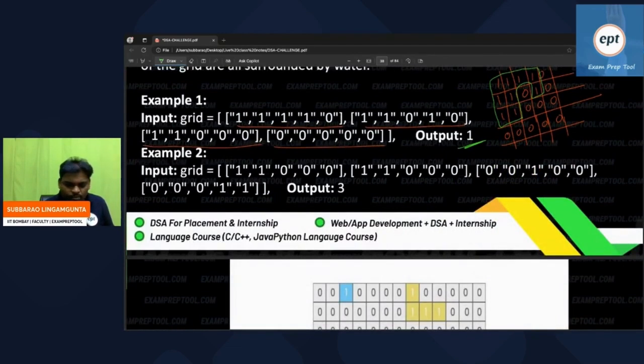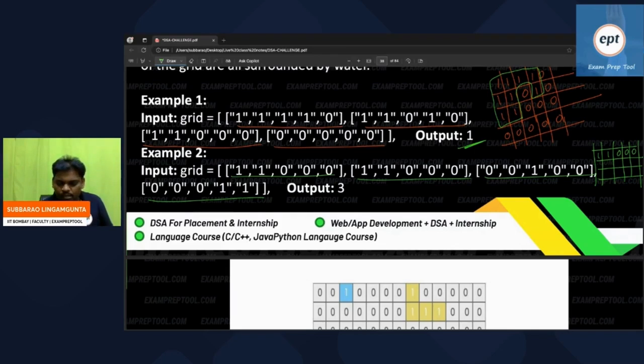Let's see the second example. How many rows? 1, 2, 3, 4. Four rows are there. How many columns? 1, 2, 3, 4, 5. Five columns. So let me write one by one. First one, 11100.